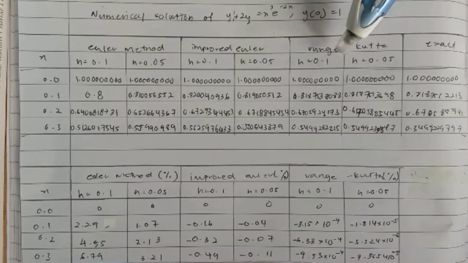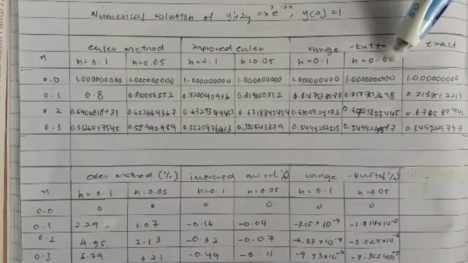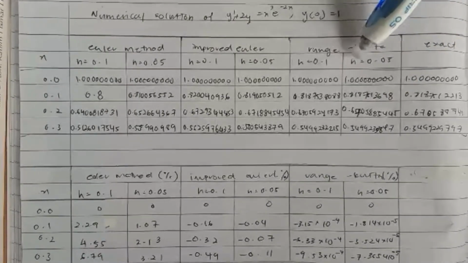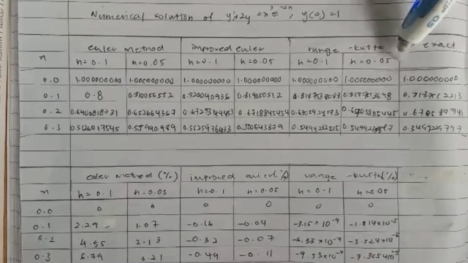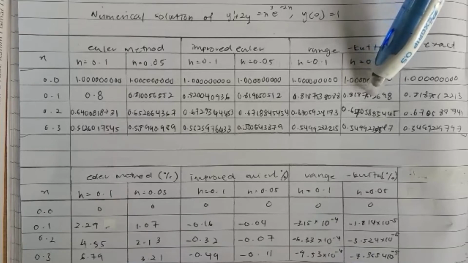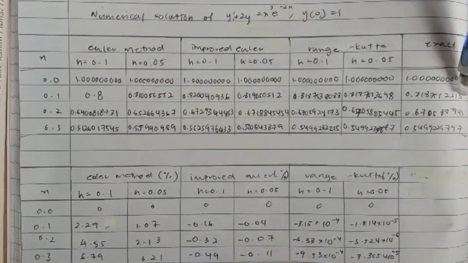The same goes for the Runge-Kutta, but among these three methods, Runge-Kutta has the most accurate calculation. So for h equal to 0.05, you can see that we get 0.81875, almost the same as the number we get in the exact value.